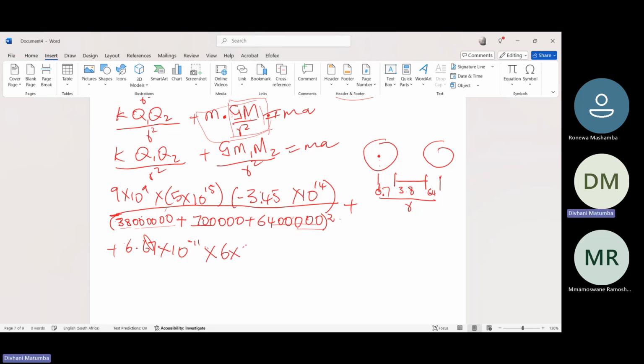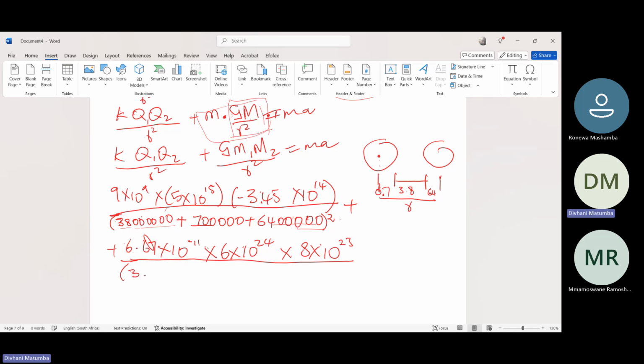It was 6 times 10 to the power of 24 kg, times 8 times 10 to the power of 23. All over the same distance, because it is the distance between the centers.